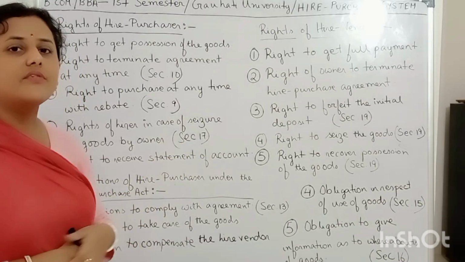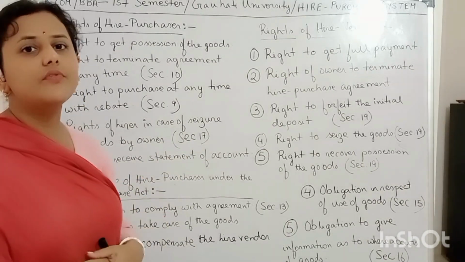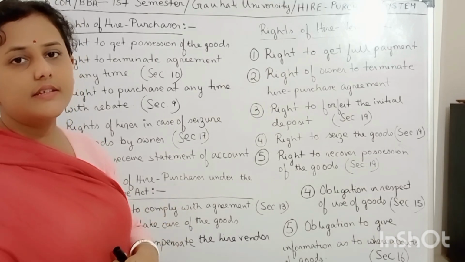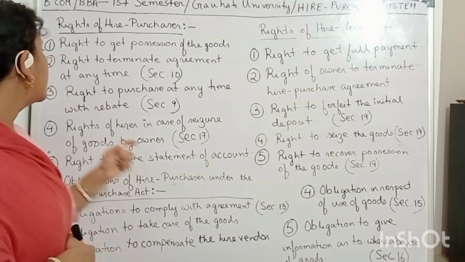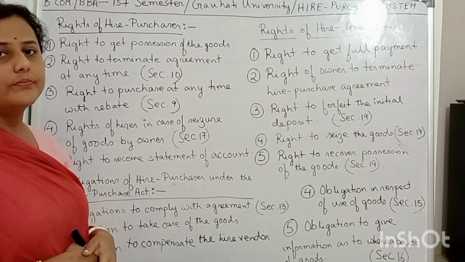Then he will receive a rebate from the hire vendor, a reduction in the value of the hire purchase price, and he can purchase the asset at that time. So that is said in point number 3, right to purchase at any time with rebate.